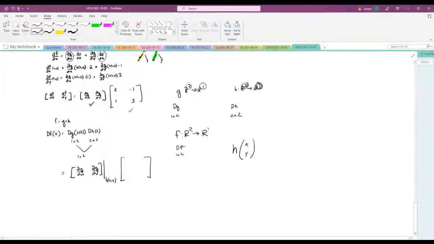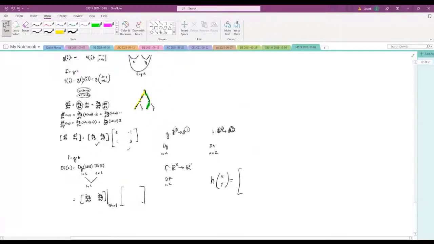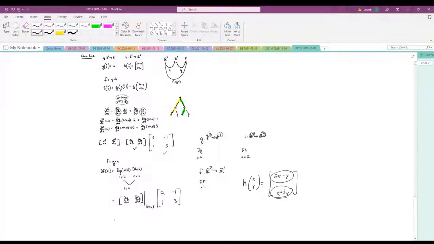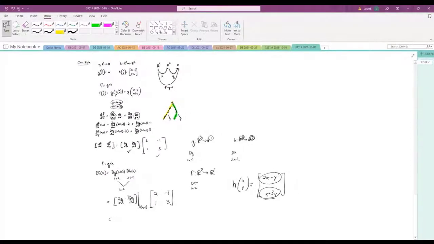It takes x, y and returns some expressions. To get the matrix, we take the first component and differentiate with respect to the first variable, and then the second variable. And take the second component and differentiate with respect to x and then y. So indeed, these match.